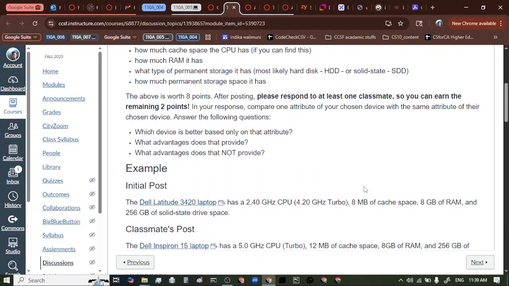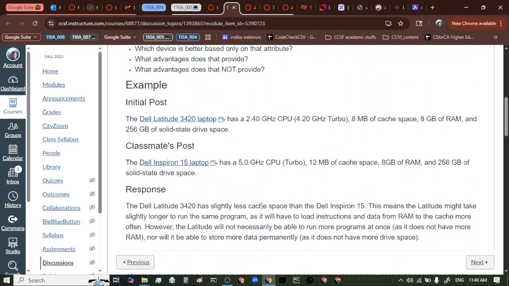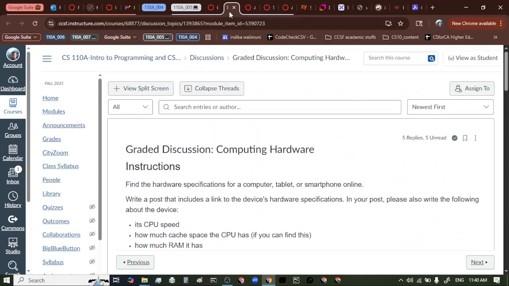And as a reply post, you have to find the answer to these questions: which device is better for. All right, so that's the reply post. So there's an example over here. Okay, so that's the discussion.